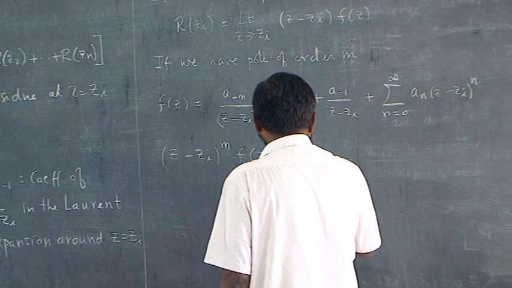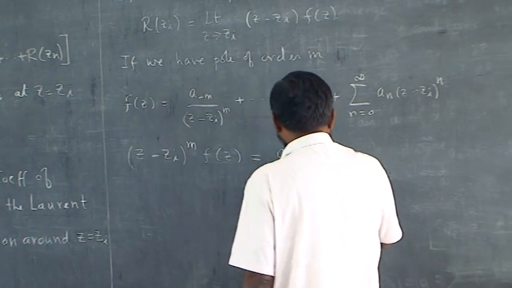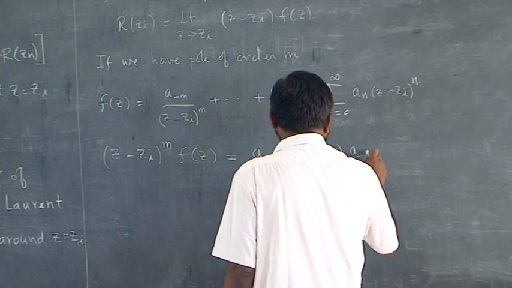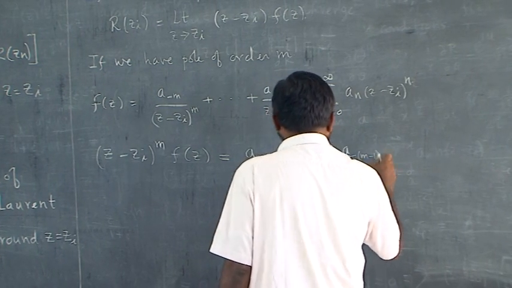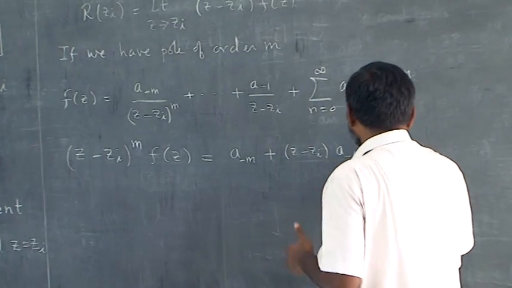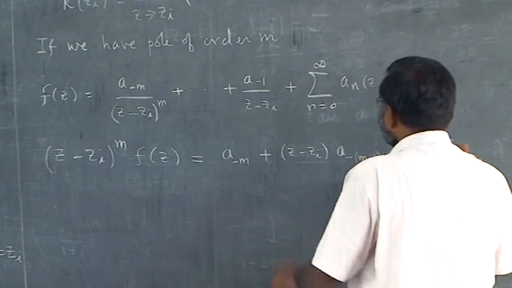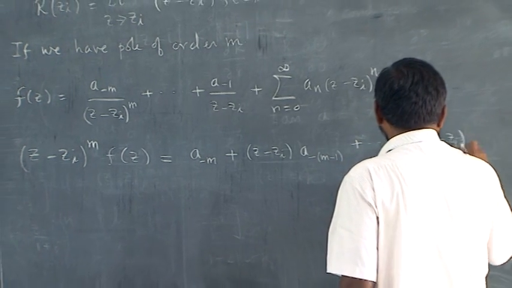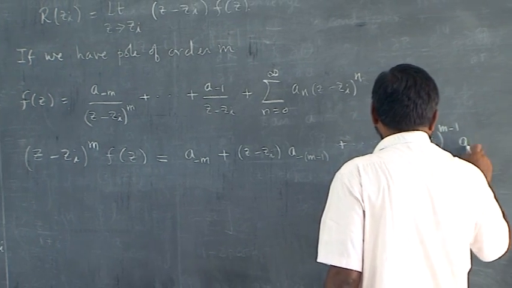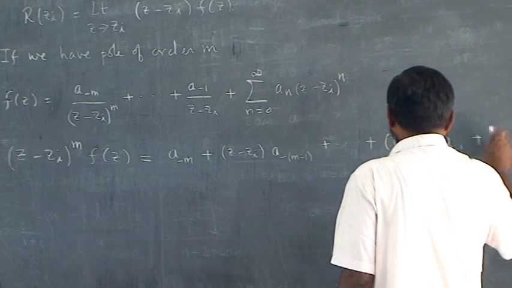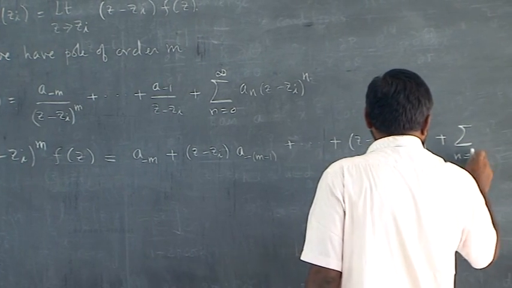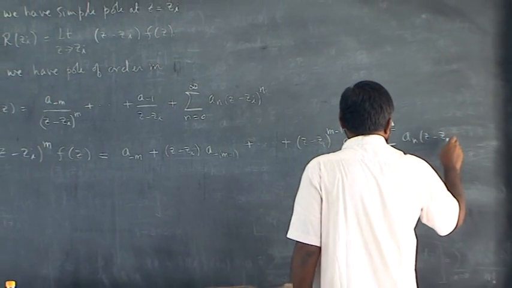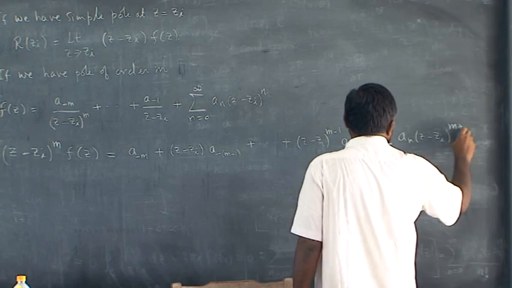A minus m plus z minus zi into a minus m plus 1, etc. I will have here z minus zi to the power m minus 1 into a minus 1, plus sum over n is equal to 0 to infinity of a n into z minus zi to the power m plus n.